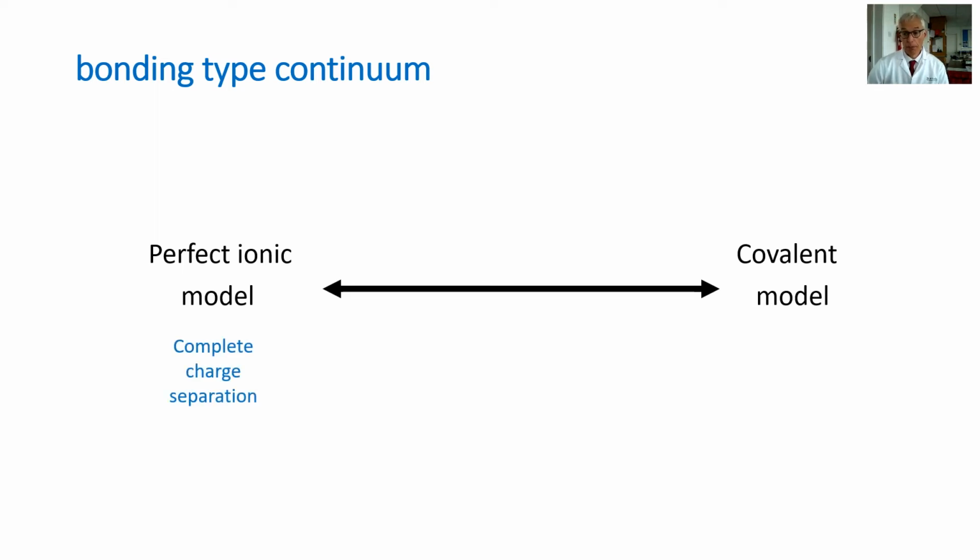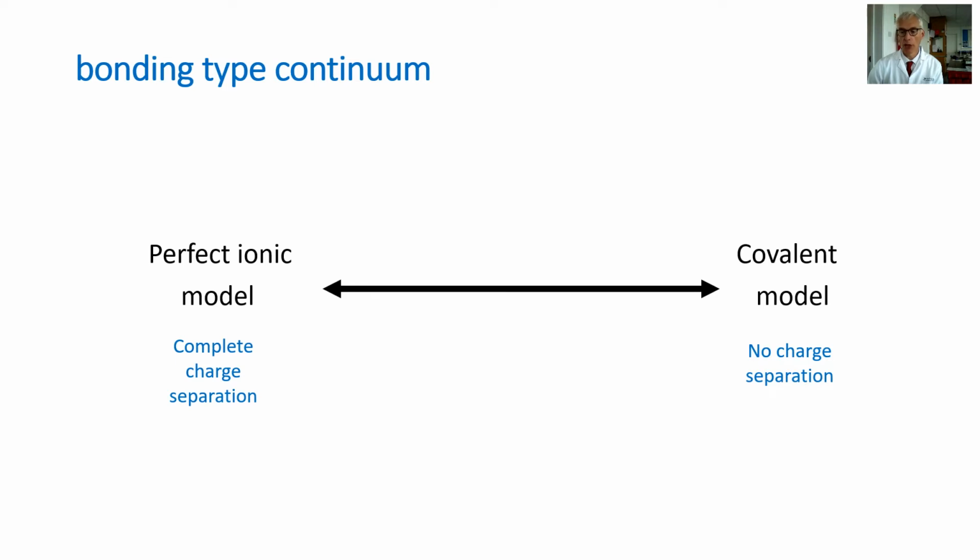For a perfect ionic model, the charges between the two ions are completely separate. So we have a positive ion and a negative ion. There is no shared electron space at all. For a perfect covalent model, for instance, the hydrogen molecule, there's no charge separation at all.